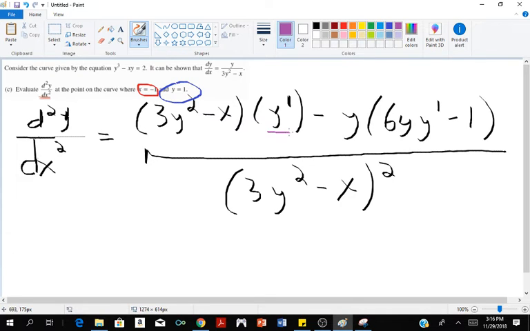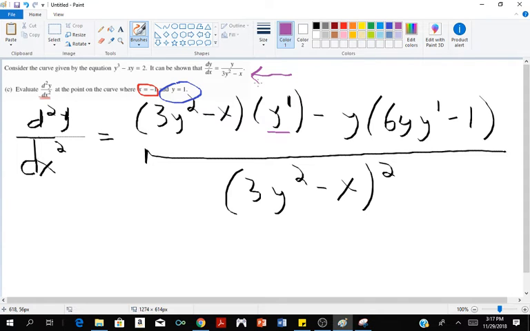What we can do, however, is we have the derivative. We know what dy over dx is, we know what y prime is, and we also have a y and an x: y equals 1 and x equals negative 1. So we're going to plug those numbers into the derivative. So I've got y over 3y squared minus x.